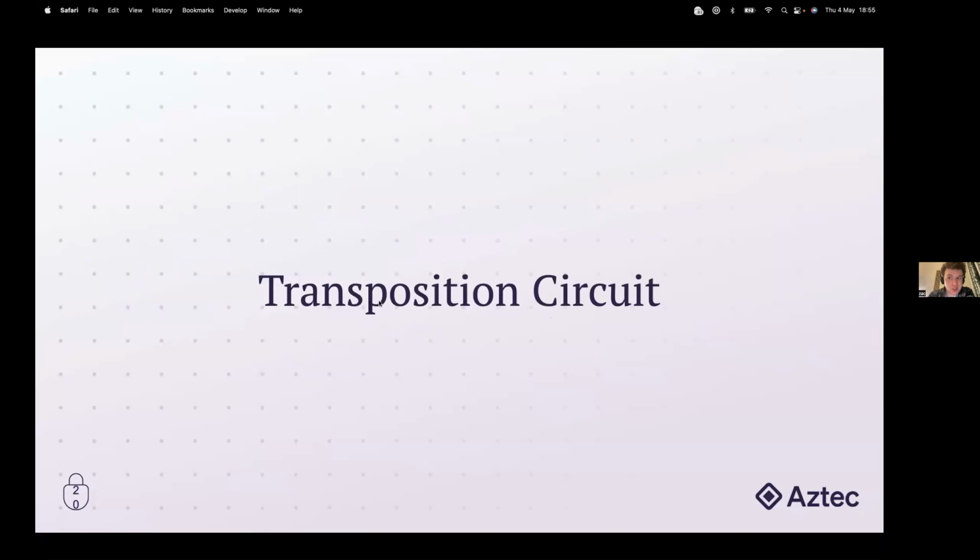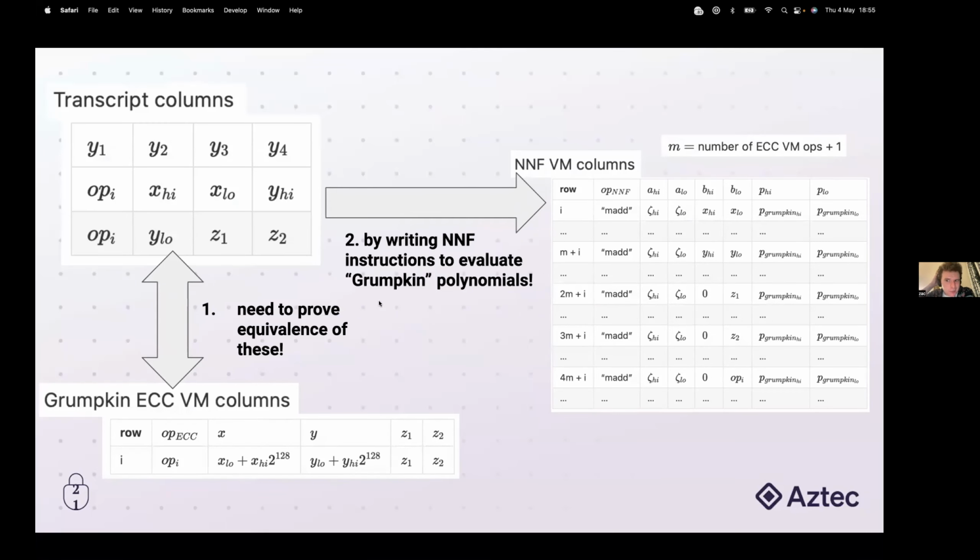And then you have the transposition circuit. So this is the bit that's kind of complicated. The idea is for the elliptic curve virtual machine, the way you want to structure your transcript inputs is going to be in a way that's optimal for the VM, which means you'll want it all on one row. But the way you're writing the instruction into your main transcript is going to be optimal for the width of your main circuit.